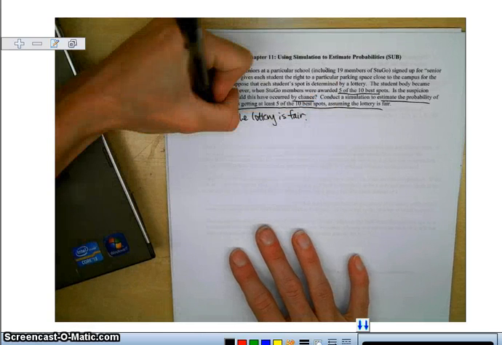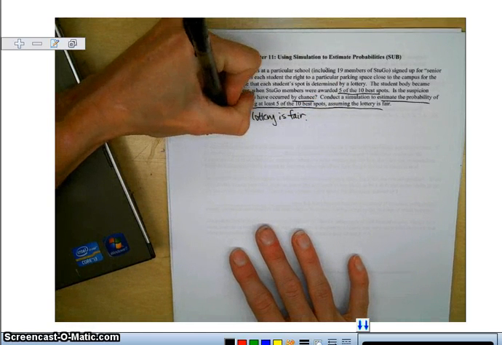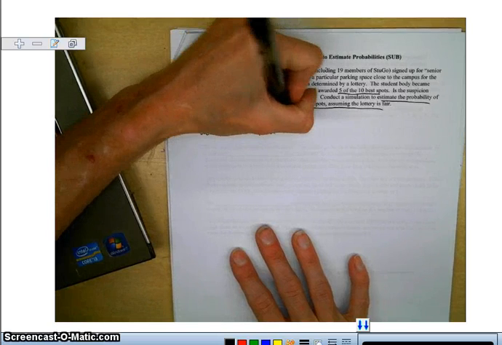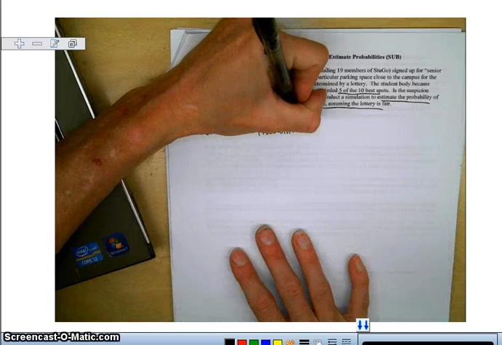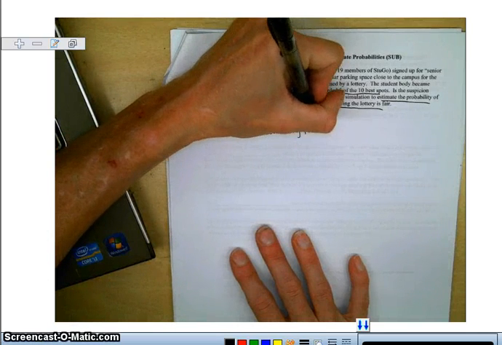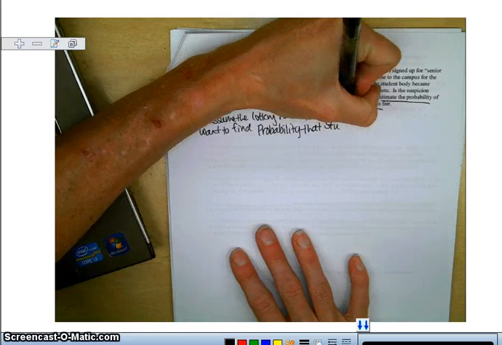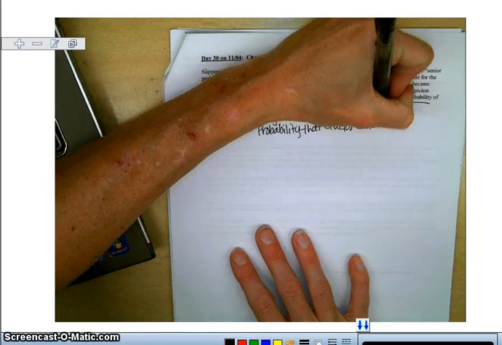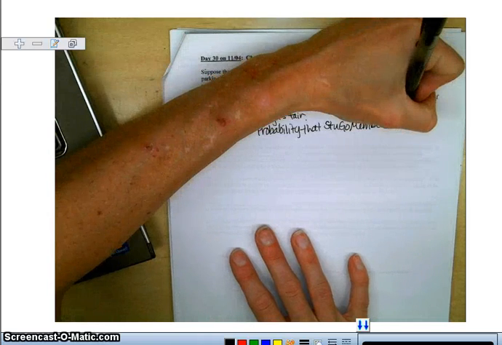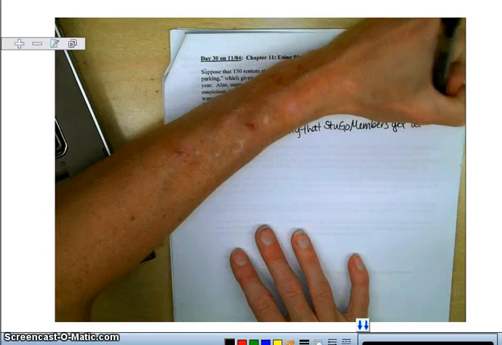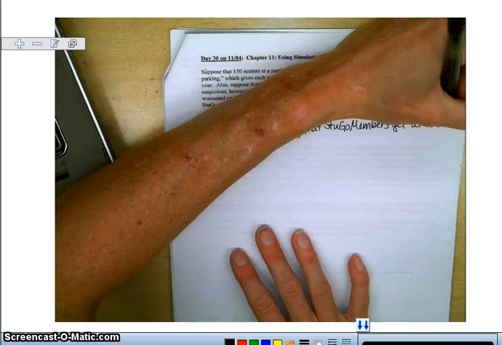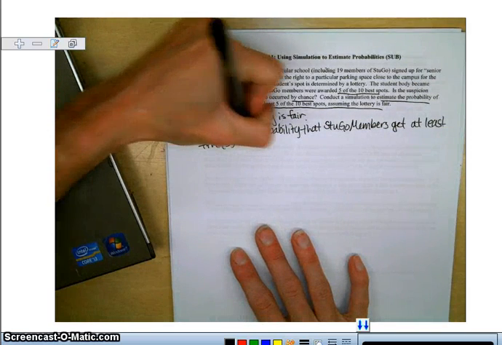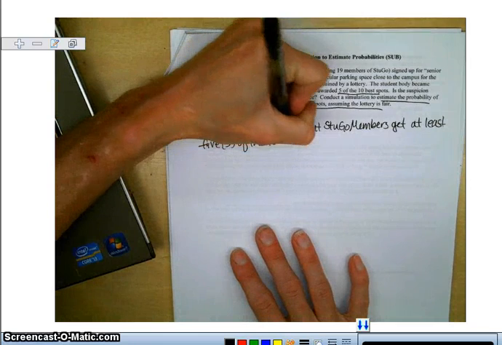And we want to find the probability that STUGO members get at least 5 of the 10 best spots.